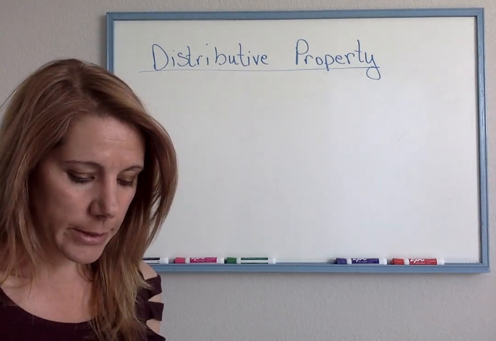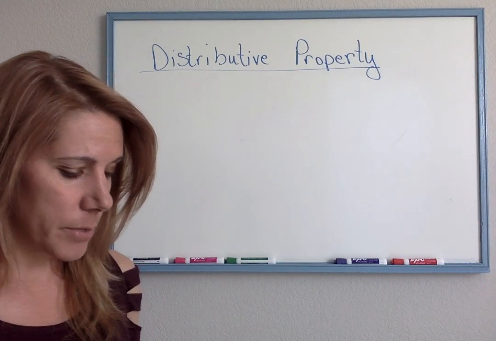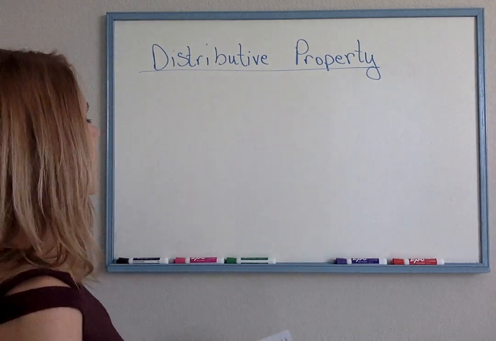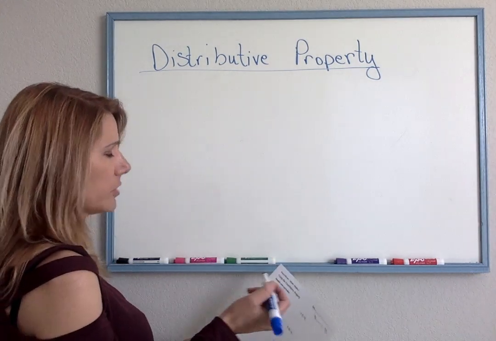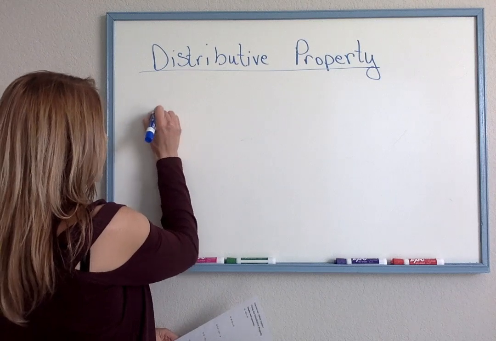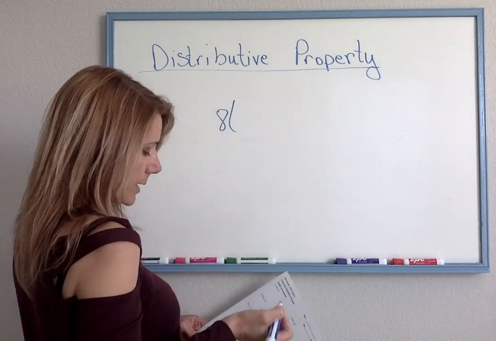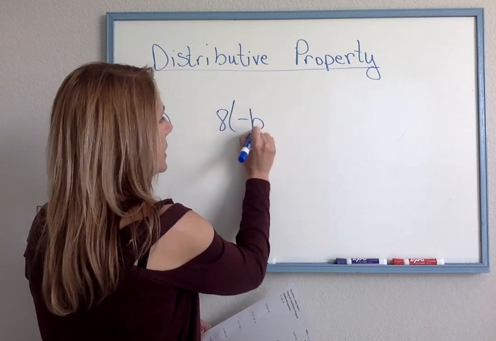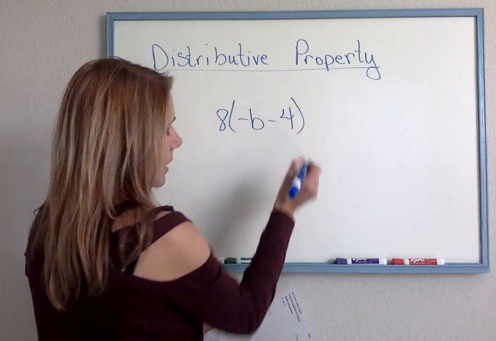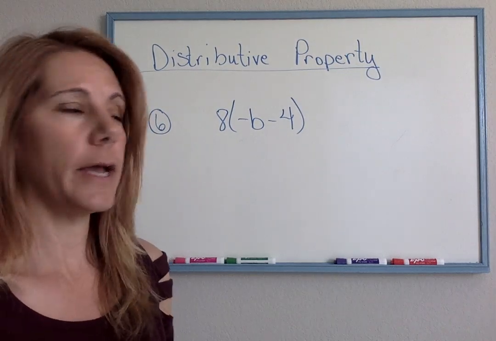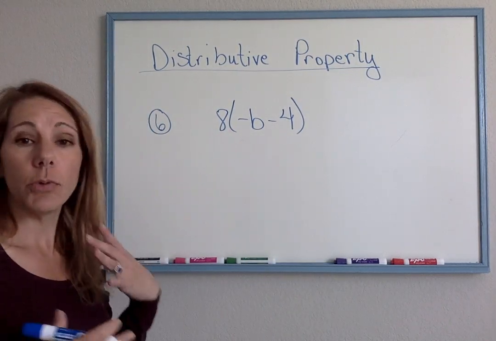So I'm also going to take a look at number, let's just say 8, okay? Or you know what? Let's do 6. Okay, so 6 is 8, parenthesis, -b minus 4, close parenthesis, okay? So this one is your more traditional one.